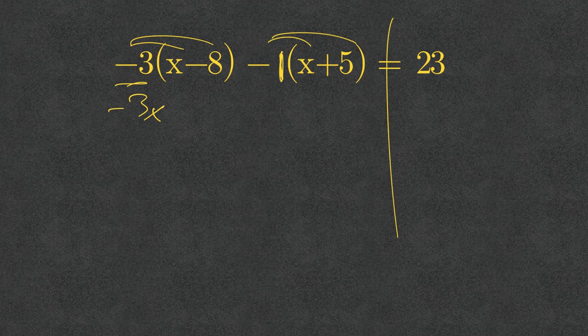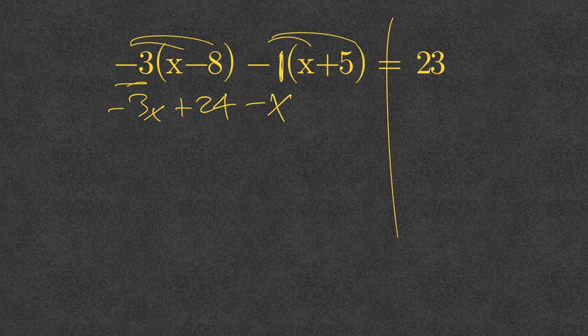Negative 3 times negative 8. Positive or negative? Positive 24. Negative times a negative, positive. 3 times 8, 24. Negative 1 times x. Thank you.